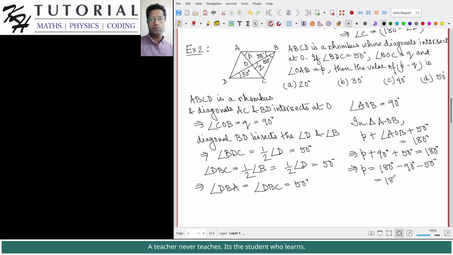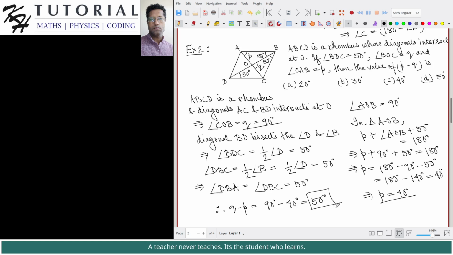This is 180 degrees minus 140 degrees, which is equal to 40 degrees. So we have found P is 40 degrees and Q was 90 degrees. So therefore it is asking Q minus P. Q minus P is equal to 90 degrees minus 40 degrees, which is equal to 50 degrees.